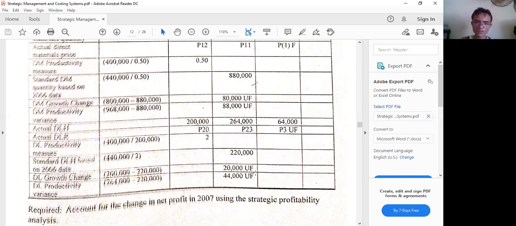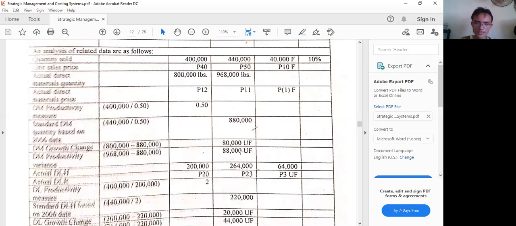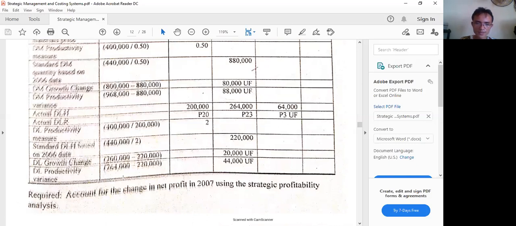So in terms of growth, it is unfavorable because direct labor, when it grows, would result in higher costs of labor. So that's why it is unfavorable. Also, productivity is unfavorable because this would involve higher costs. 264,000 in this case minus the 220,000 is 44,000 unfavorable with higher cost.